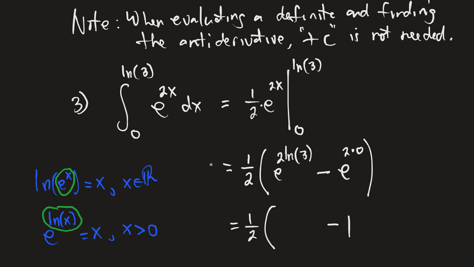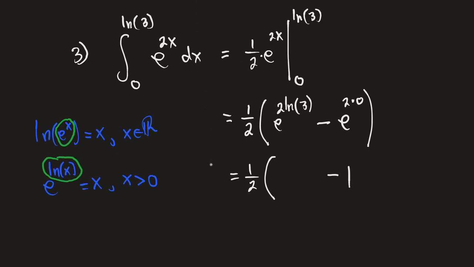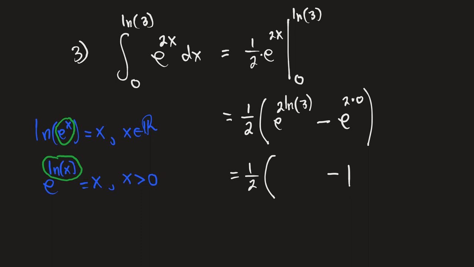And there's one more property that I'm going to write down, and this is a nice property of the natural log function. If you have a constant p times the log of something, as long as everything is well defined, this is the same as the log of that thing raised to the power p.